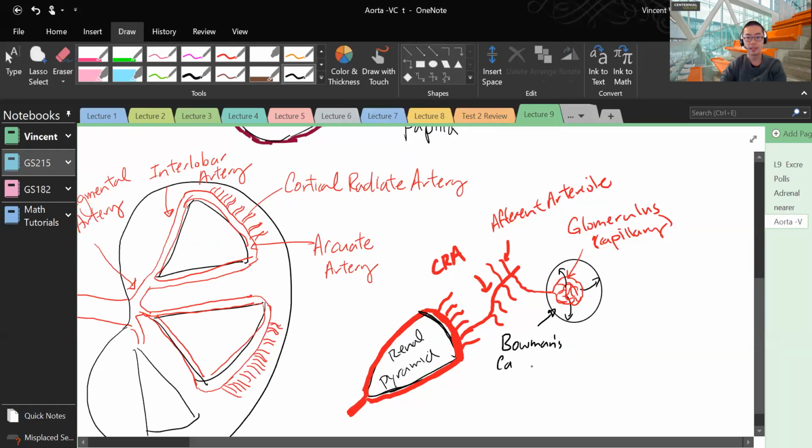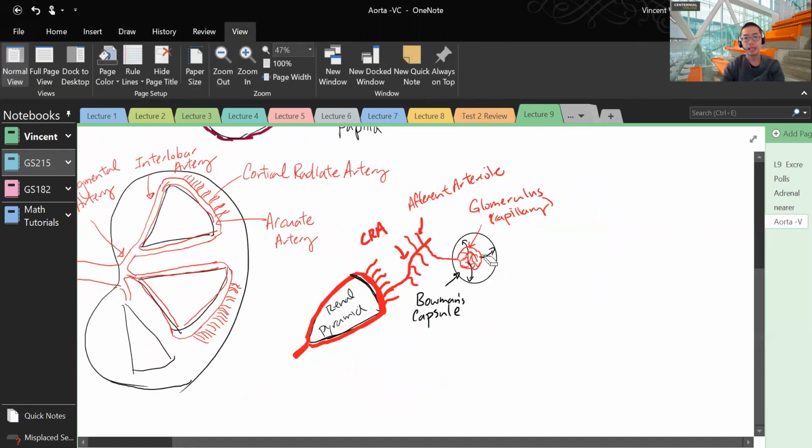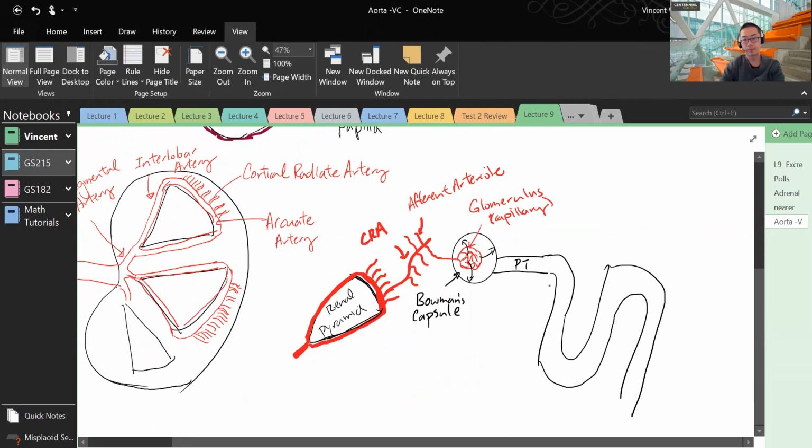The Bowman's capsule is going to capture all the stuff that comes out, and the stuff that comes out becomes the filtrate. Then it's going to go on to the proximal tubule, the loop of Henle, and so on and so forth. So all this stuff that comes out will pass through the nephron.